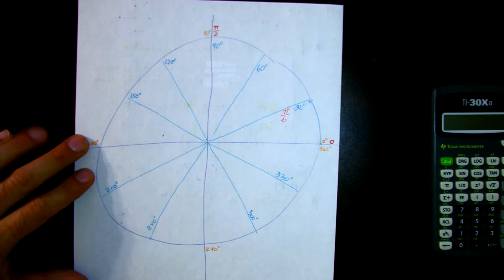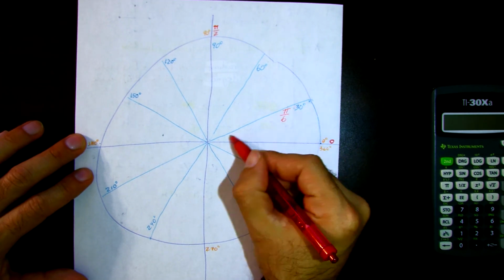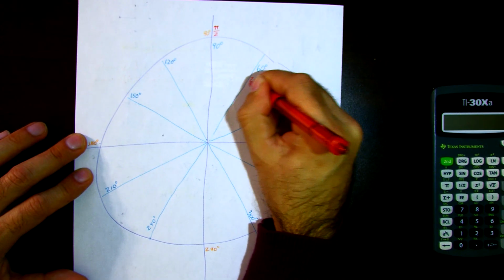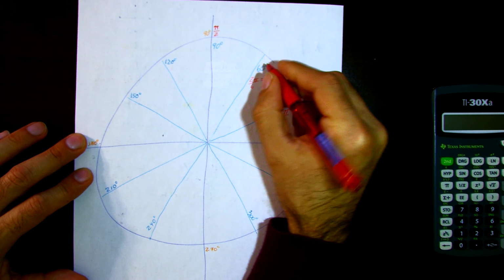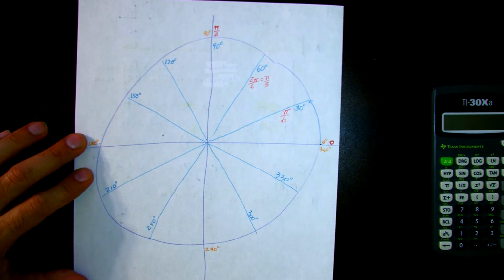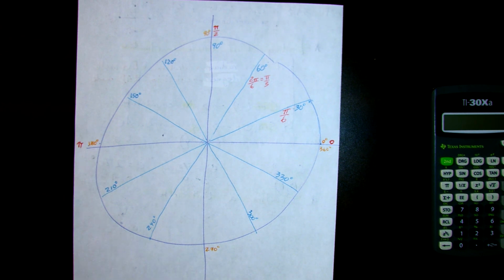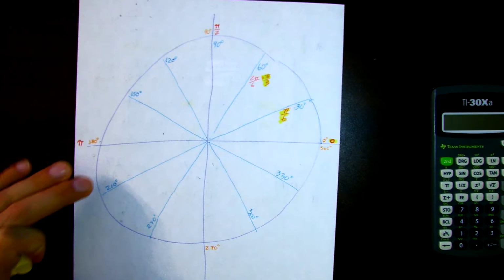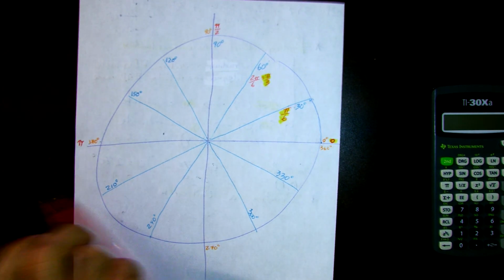Now it's going to go a little quicker. Watch what's going to happen. If this is pi over 6, then I go another 6th, and I have 2 pi over 6, aka pi over 3. You see, I just reduced it. So I'm going to put our final values for radians in highlighted here. Pi over 6.